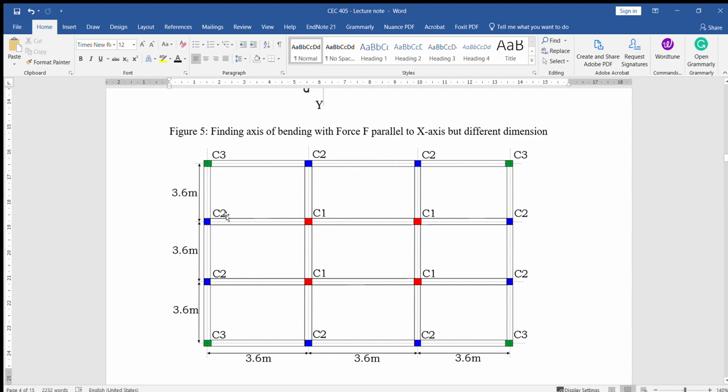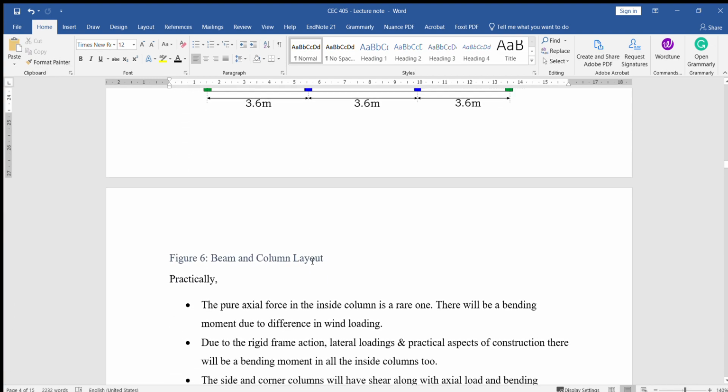For this particular one, they are equally spanned, 3.6 meters and 3.6 meters. So this might look very simple when I want to consider this particular column, C1.